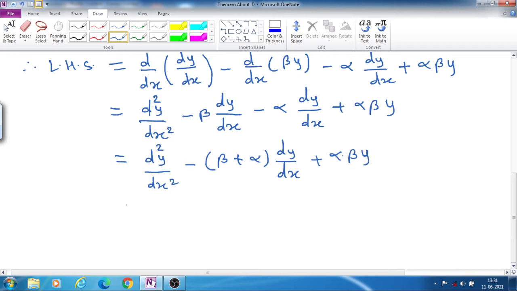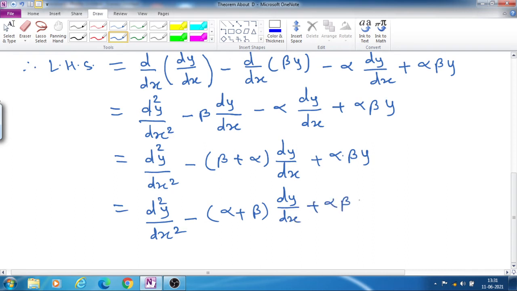So here we can write d2y by dx square minus (alpha plus beta) dy by dx plus alpha beta y. This is our LHS. We give this equation number 1.